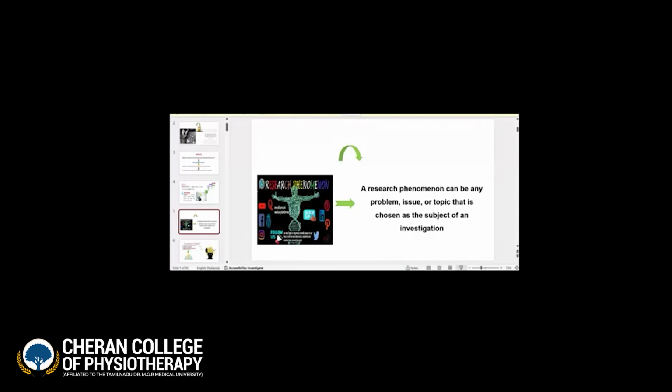Predatory journals take research where there is falsification of the data, where ethical considerations are not taken care of, where the scientific rigor of the research is not appropriate, where the evidence of practice in our literature is not mentioned, and where the gap of the study is not appropriate.